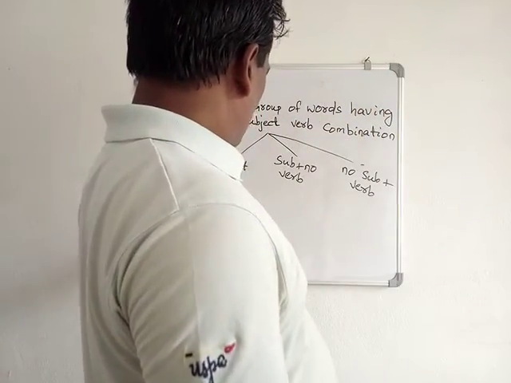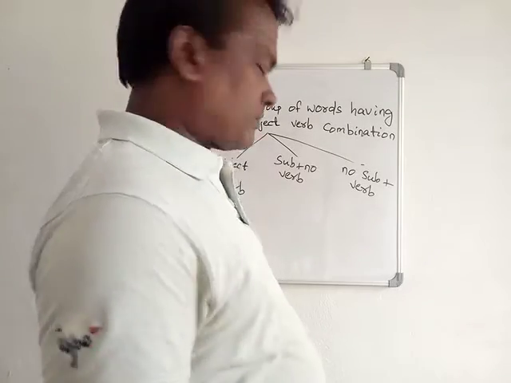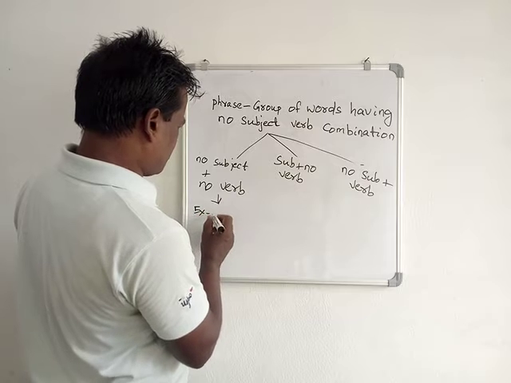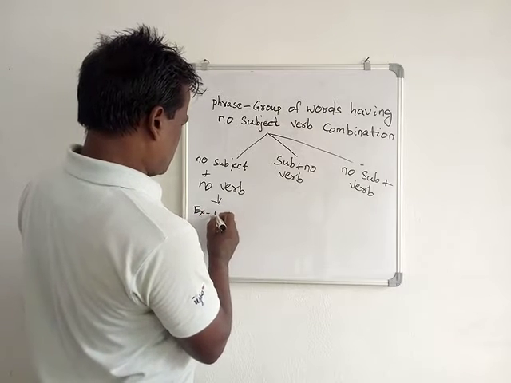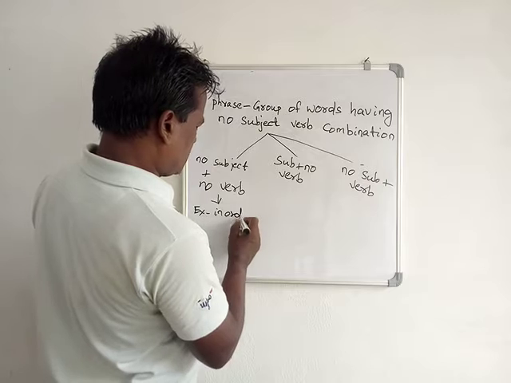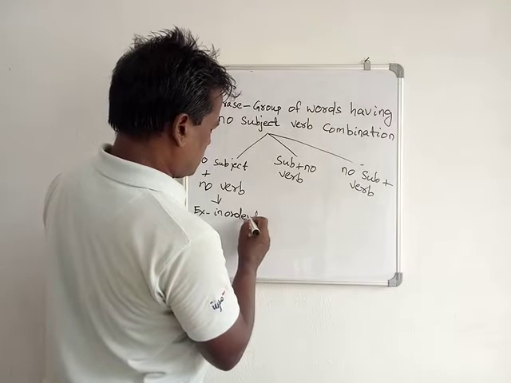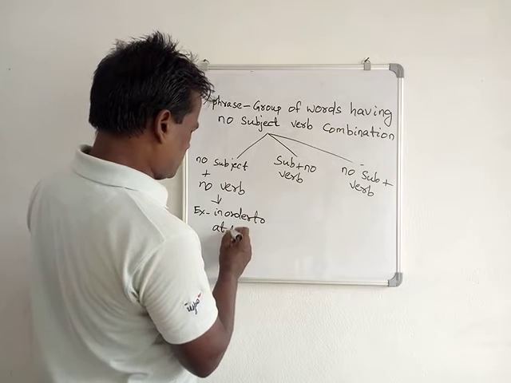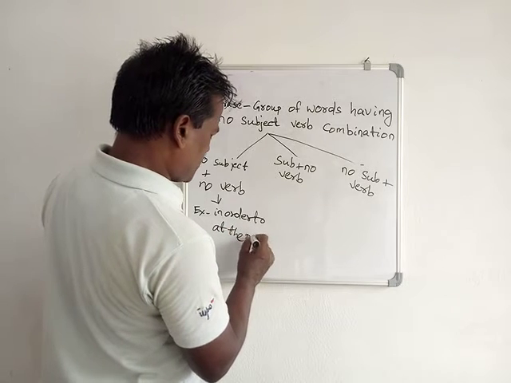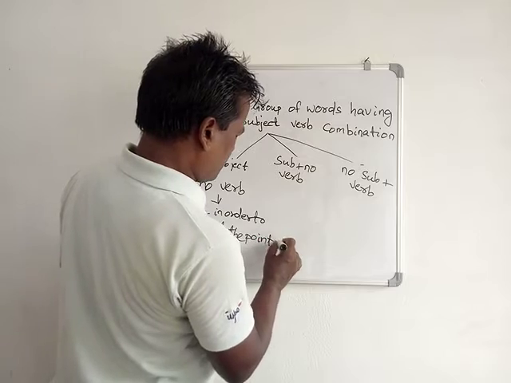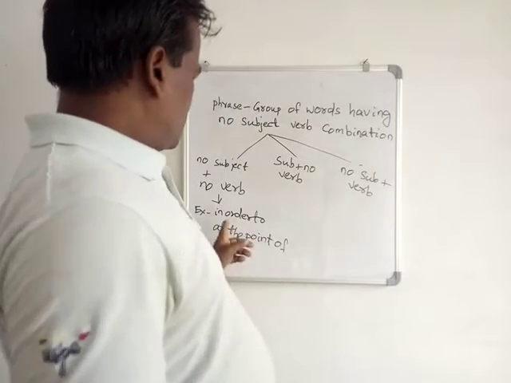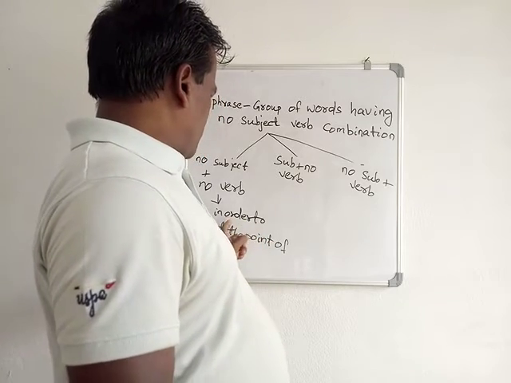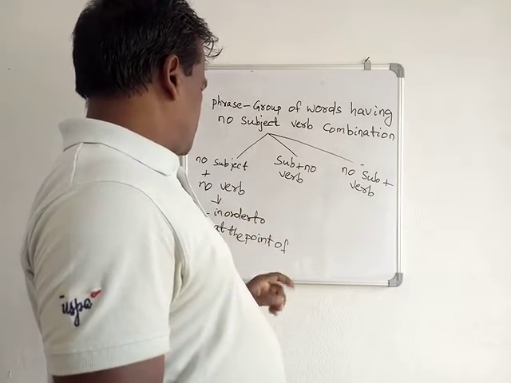First of all, no subject plus no verb. Its examples are "in order to" and "at the point of." In these two expressions, there is no verb and no subject.